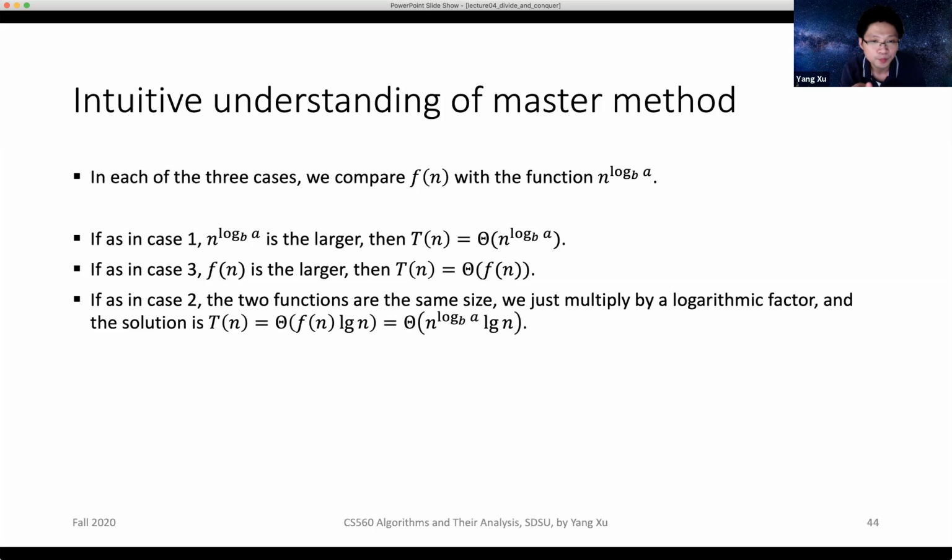And in case 2, the case 2 says that the 2 functions are of the same speed. Okay, so they are tightly bound for each other. And we simply multiply the polynomial term with a logarithm term, and that is the bound for the final solution. So this is some intuitive idea of what the master theorem says.